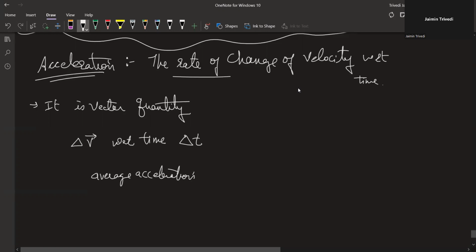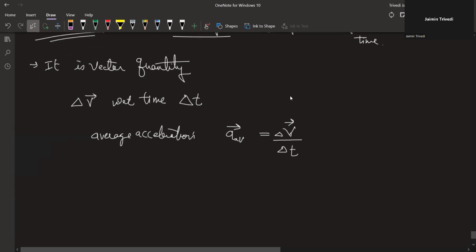Average acceleration is given by a_av vector equals delta v by delta t. So this is your average acceleration. Now, what is instantaneous acceleration?